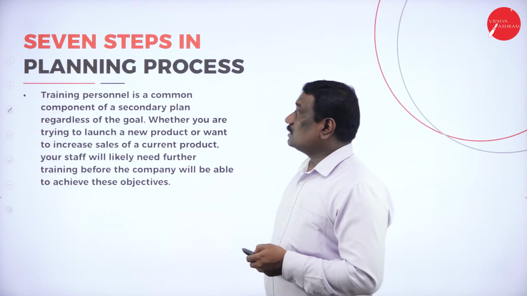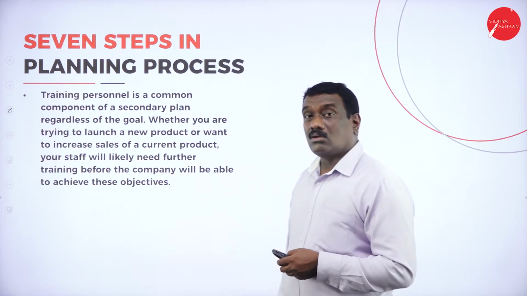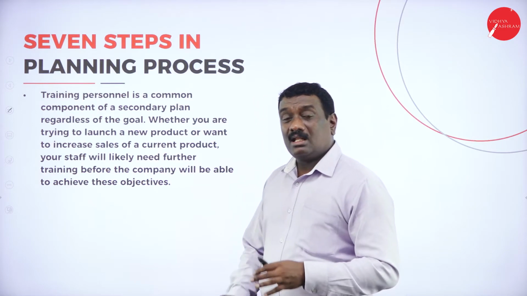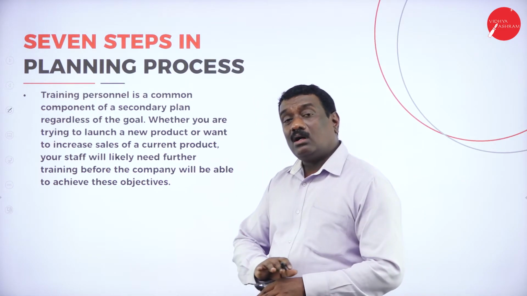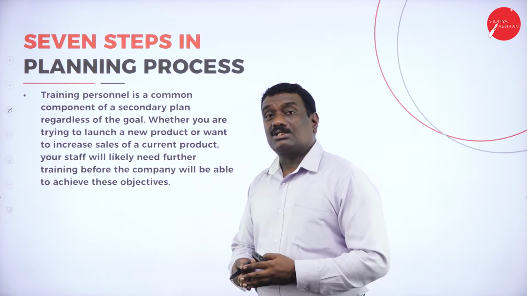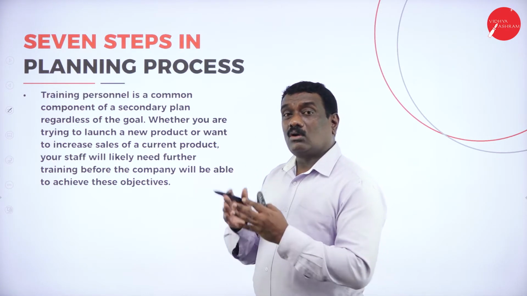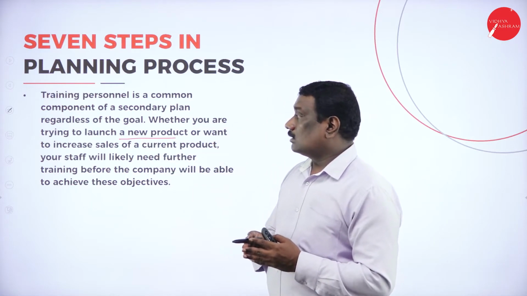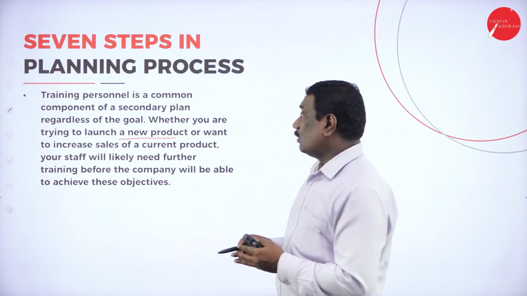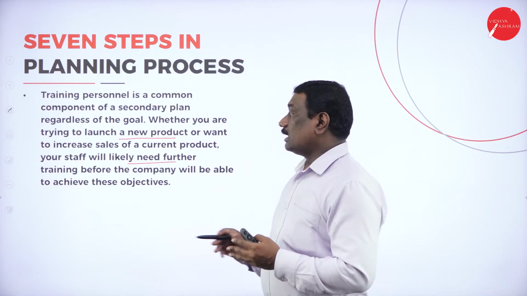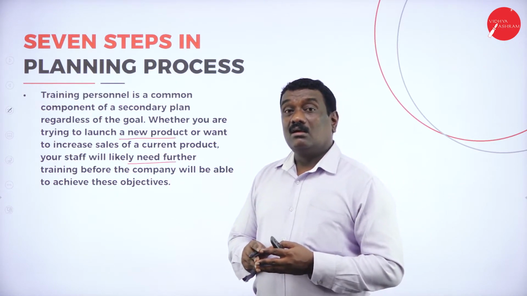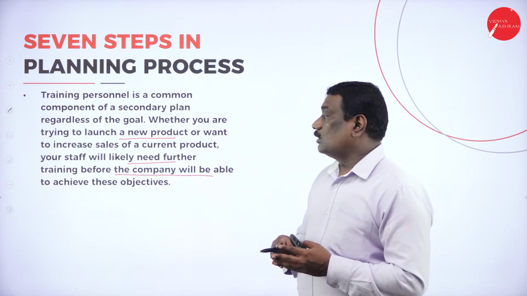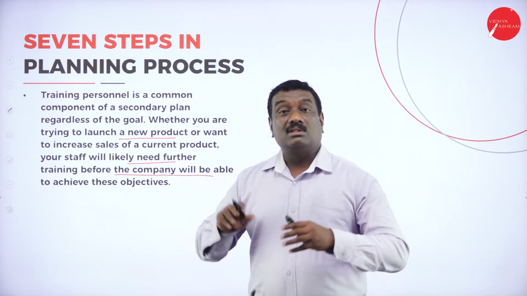Here, training personnel is a common component of the secondary plan regardless of the goal. Training is a very essential part of every organization, whatever the goals or objectives may be. Whether you are launching a new product or not, or whether you want to increase your sales or not, your staff will likely need further training, because only when they get good training will the company be able to achieve its objectives.